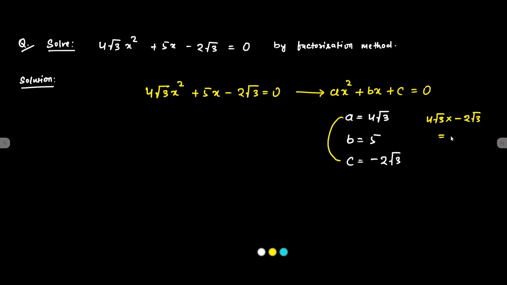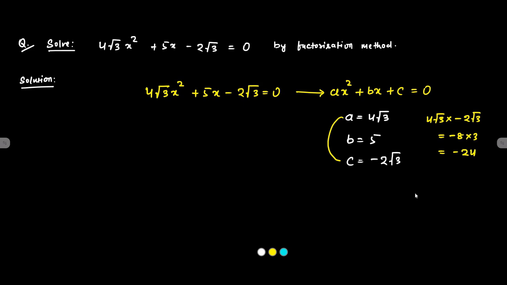So minus 8 into 3, that is equal to minus 24. This is the product of the two extreme terms, the coefficients of x square and the constant, that is a and c. Now we have to split the middle term 5x in such a way that the product of the two resultant split terms is also equal to minus 24.